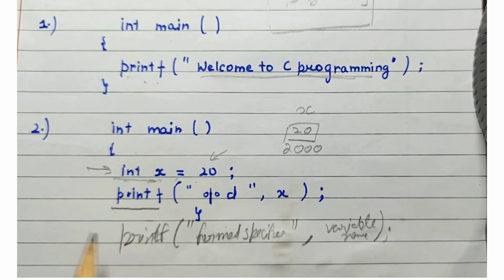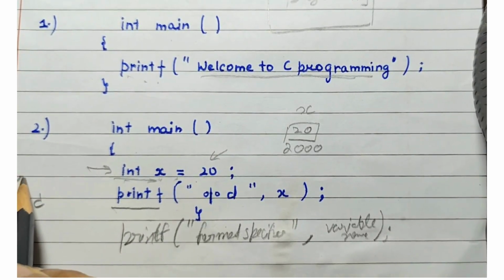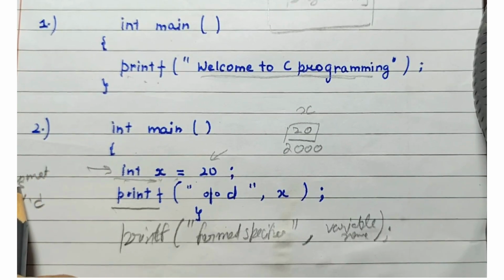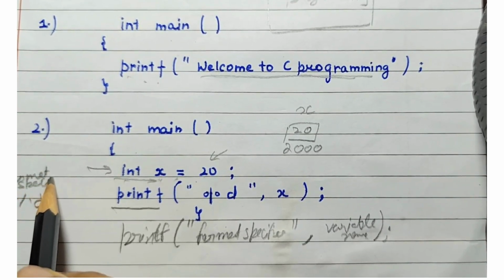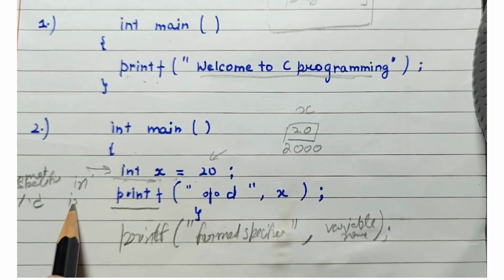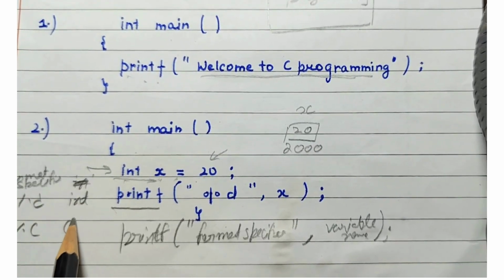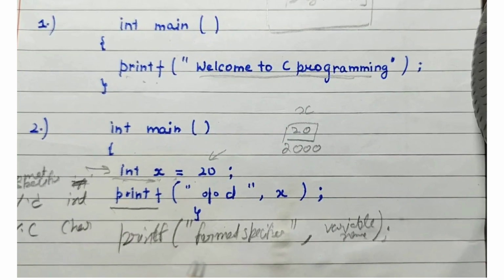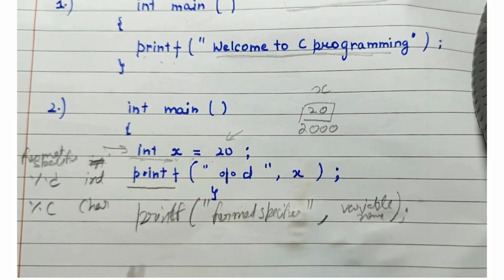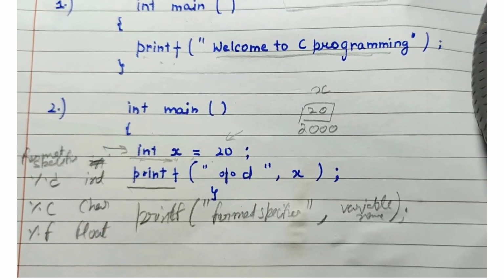Now %d is the format specifier for int, %c is used for char, and %f is used for the float data type.